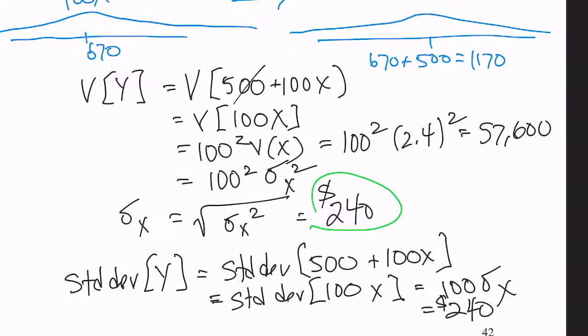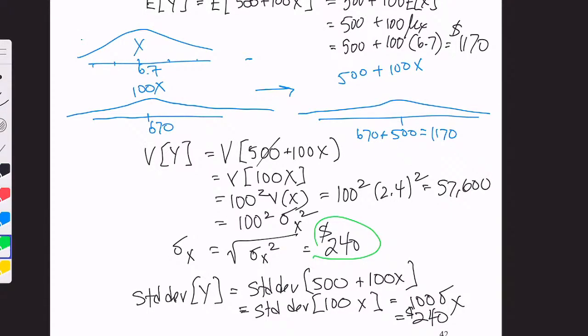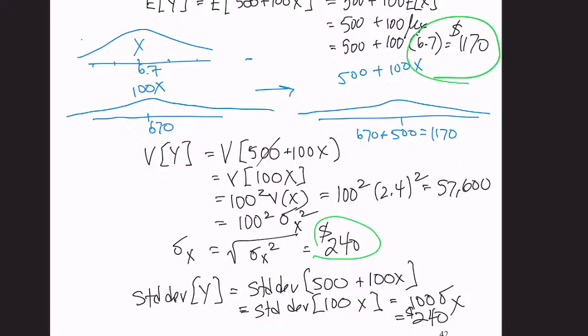So with this exercise, well, let me get to the theory, but you should understand where I'm coming from. So those are the answers there. $1,170 is the new mean for the bonus, with a standard deviation of 240. Any questions?